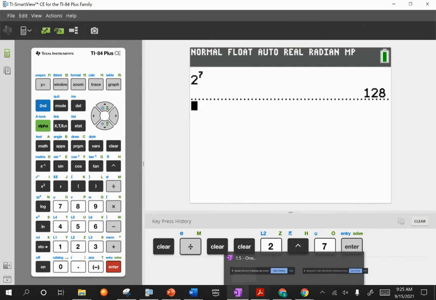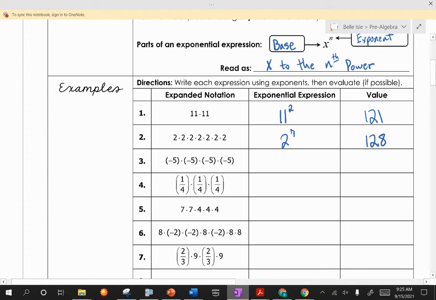So let's go back to, what about -5 times -5 times -5 times -5? Now, how do we need to write that? If you write it like this, technically what you're writing is 5 to the 4th, and then you're going to multiply it by a negative at the end.